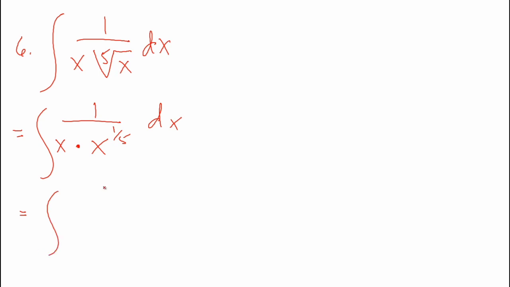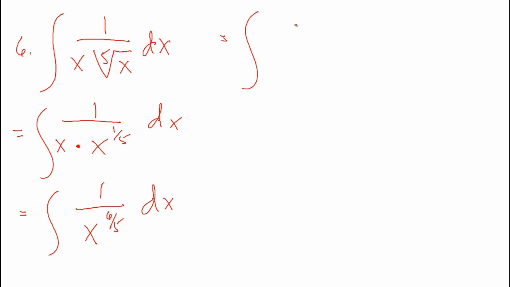So we will add the exponent, it will become 1 over x raised to 1 plus 1/5. So 1 plus 1/5 is 6 over 5, because 1 times 5 is 5 plus 1. That's 6/5 dx. And we have here our function x to the 6/5 on the denominator. We can move it up to the numerator, making the exponent negative.